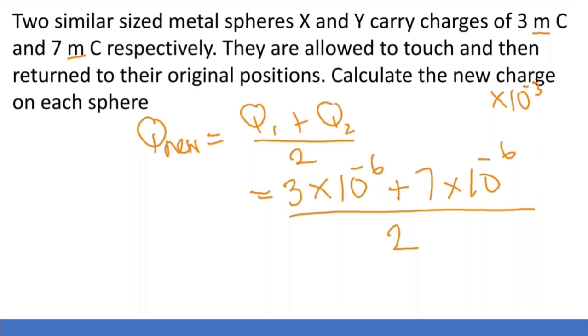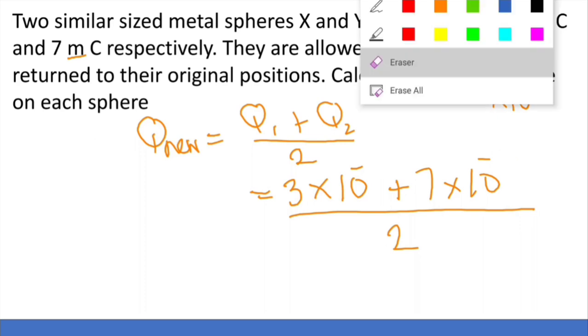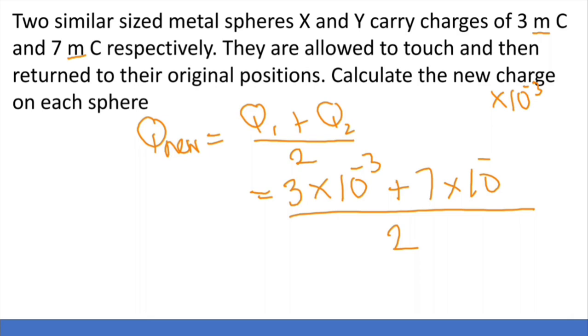So this will give you, I need a calculator now. 3 times 10 to the power minus 3. Beware there, it's -3.